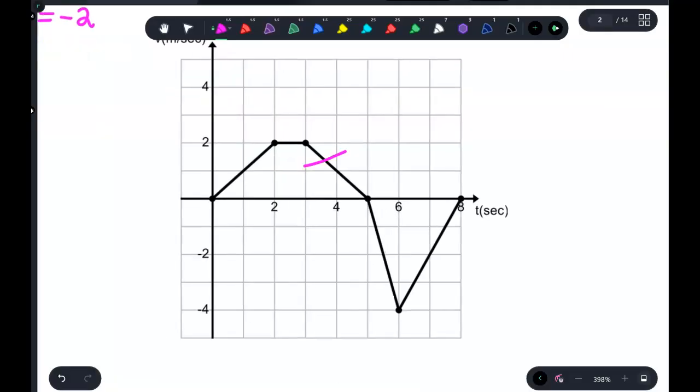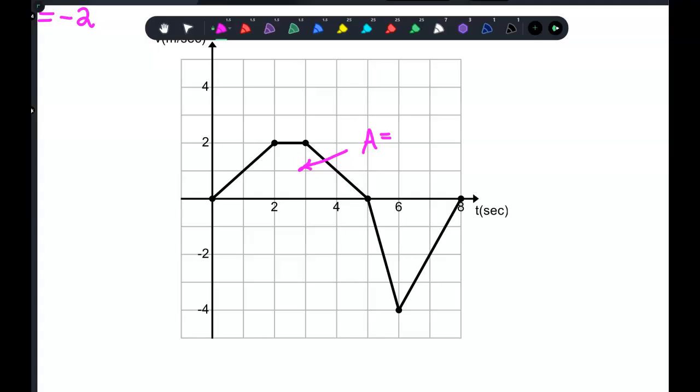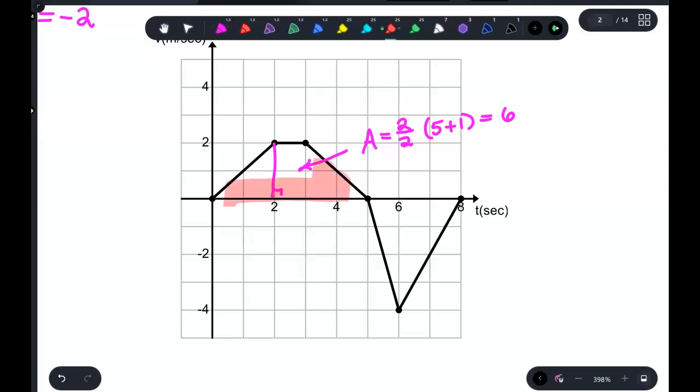I have this trapezoidal area here, h over 2, so 2 over 2. Base 1 is 5. So I get 6 for the top portion right here. And then this bottom portion is a triangle.